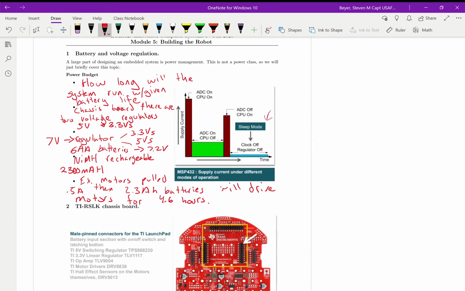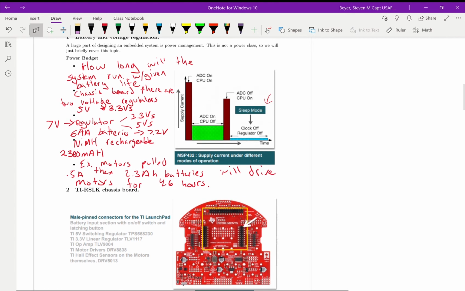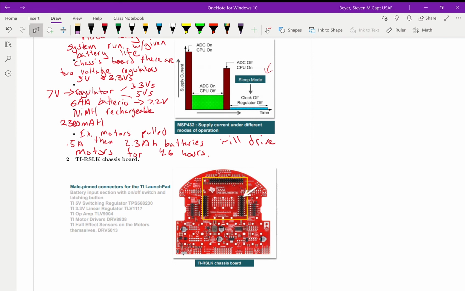We won't go into a whole lot of detail on how to use these different modes, but just know that there are different things we could do to extend our battery life if we needed to, and that allows us to drive and control our system for longer if we had that expectation or requirement.